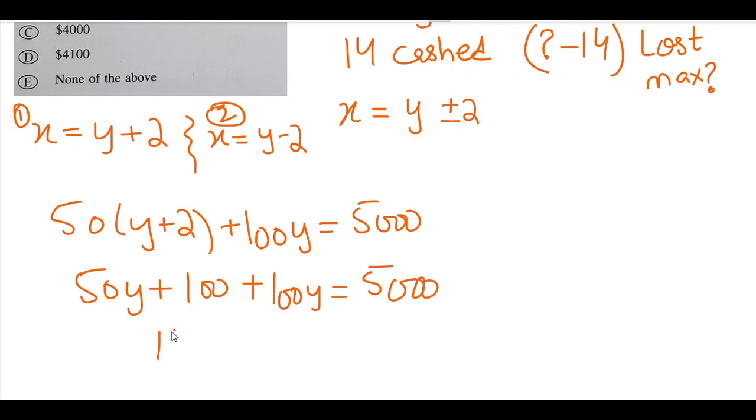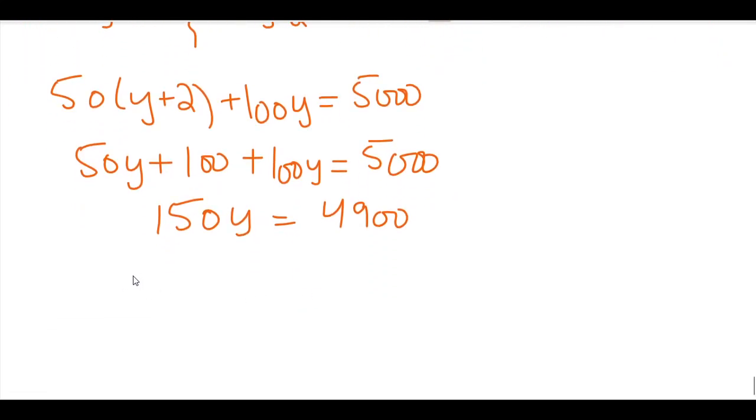This is going to be 150Y, and when 100 is subtracted from 5,000, I get 4,900, because 4,900 needs 100 to get to 5,000. So Y is 4,900 divided by 150. Let's use my calculator.